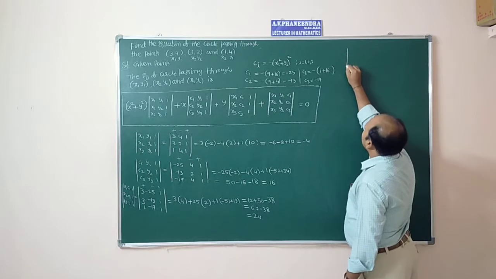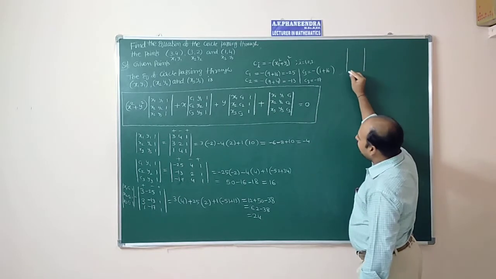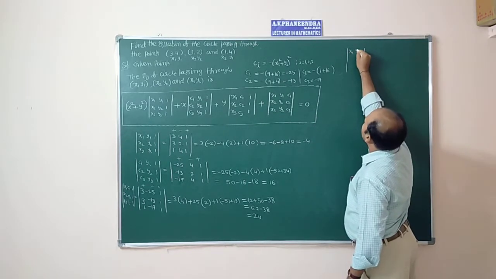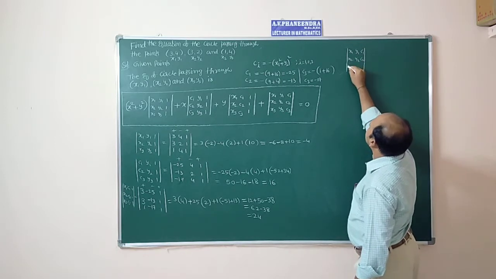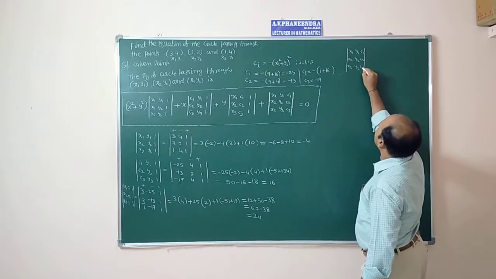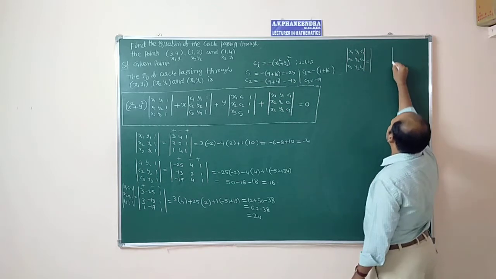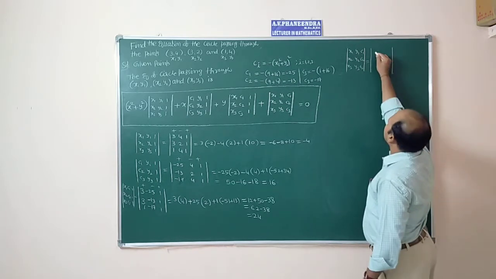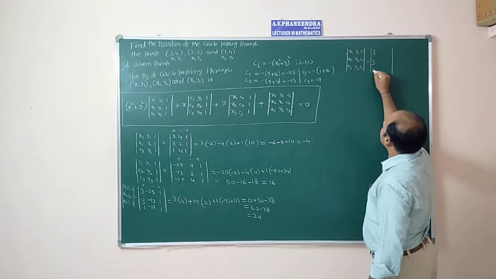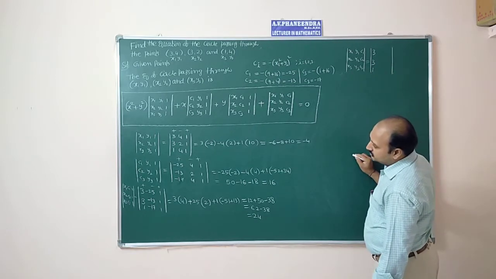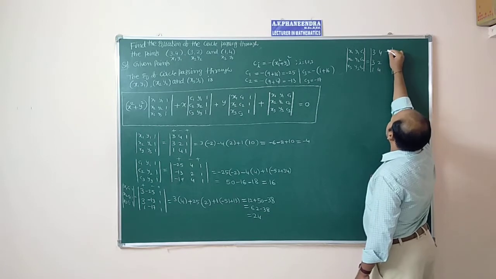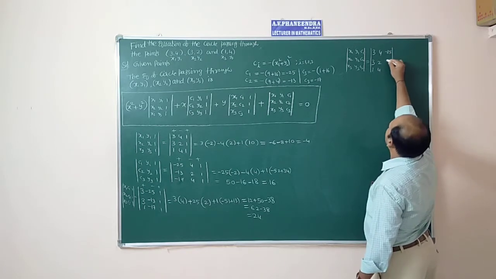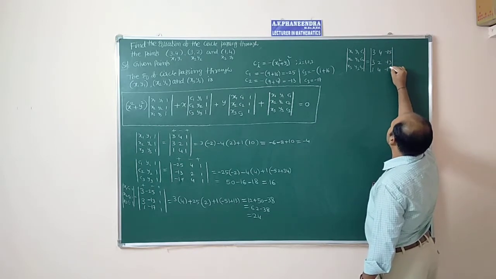The last determinant is x1, y1, C1; x2, y2, C2; x3, y3, C3. So 3, 3, 1; y1, y2, y3, so 4, 2, 4; C1, C2, C3, minus 25, minus 13, minus 17.